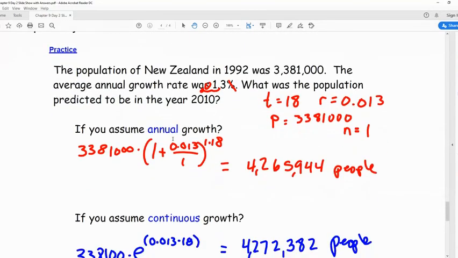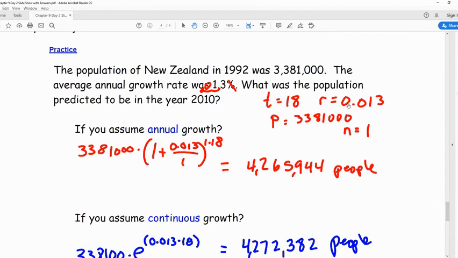All right, so we got an example here. Population of New Zealand in 1992 was 3,381,000. The average annual growth rate was 1.3%. What was the population predicted to be in the year 2010? So let's think about what these values are going to be if we assume annual growth, if we assume continuous growth. So some things that won't have to change. T is our time. So I'm going 18 years, so t is going to be 18.